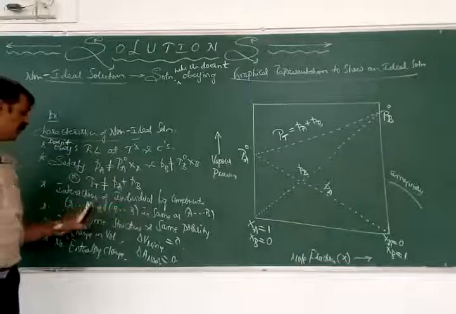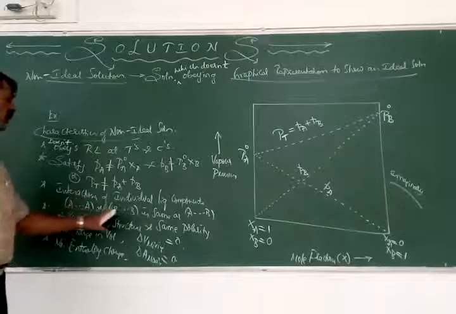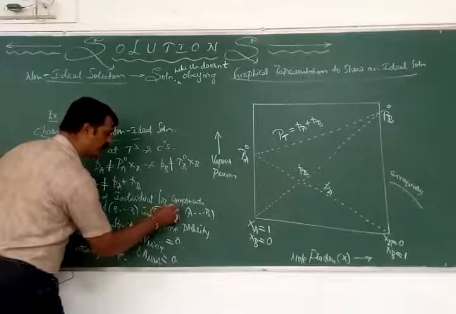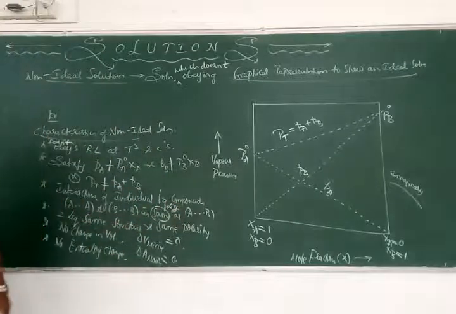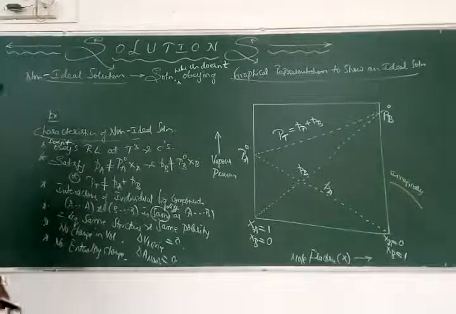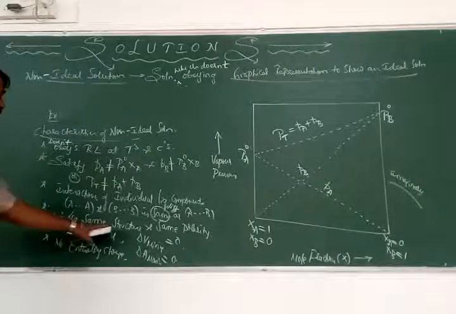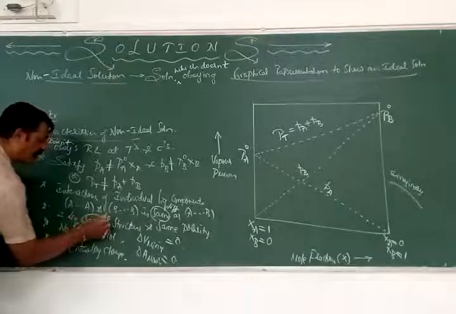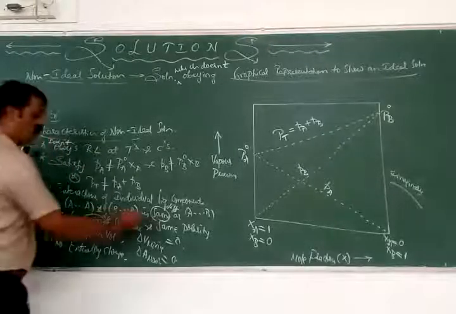Interactions of the individual liquid components, either A dot dot A or B dot dot B, are always different from A dot dot B. Similarly, the two liquids, instead of the same structure, will have different structures.